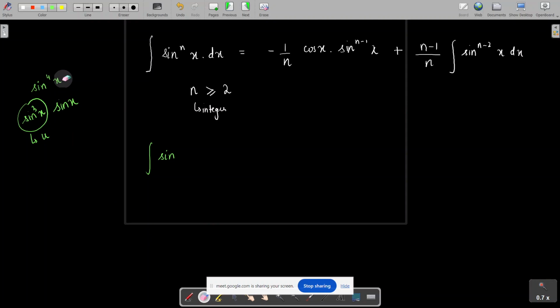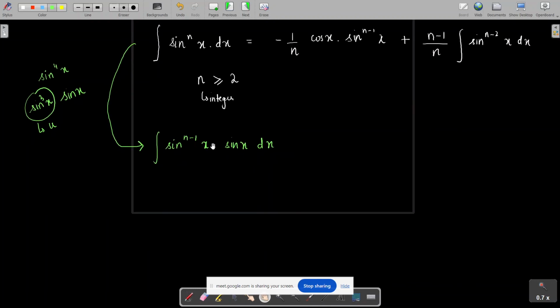So let's just do it in this case when we have n. I'm going to write this as sine raised to n minus 1 x times sine x dx. Is this step clear?